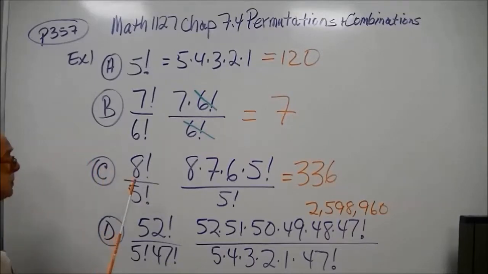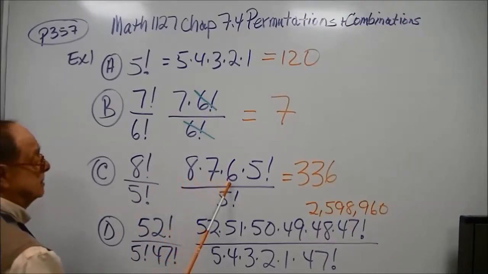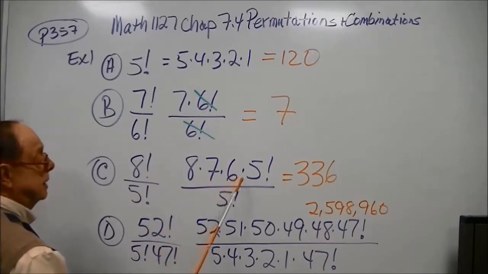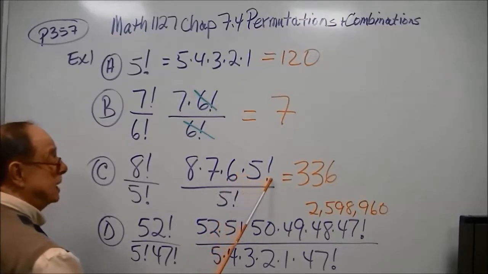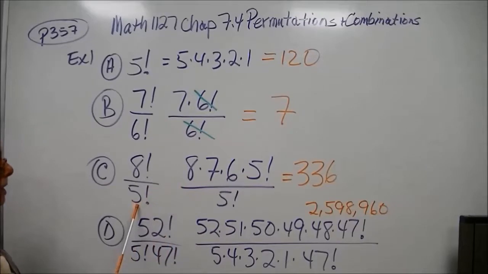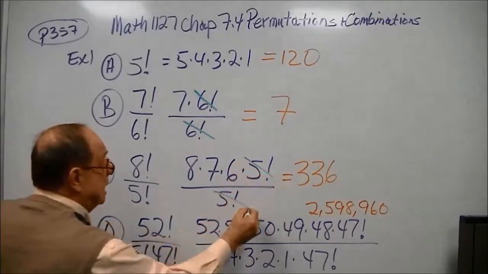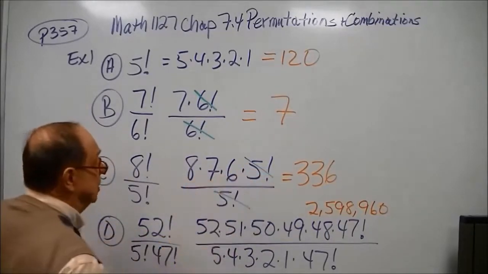So here's a good case where we have 8 factorial, which is going to be 8 times 7 times 6, and then times 5 factorial. Why did I do that? Well, because in my denominator I have 5 factorial. So now these will cancel out, and I just multiply those.